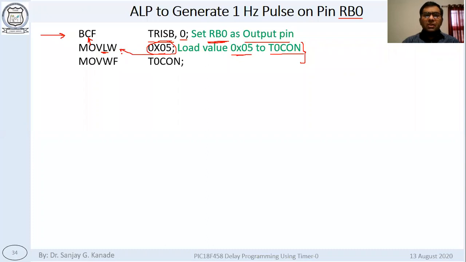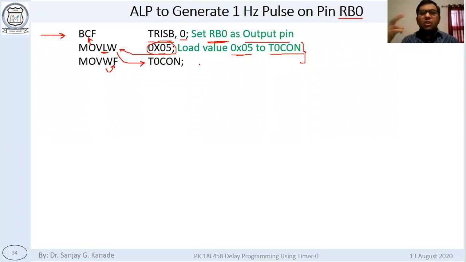When we say MOVLW, this is a literal 0x05. That 05 goes to W, and then in the next instruction we move W to F. Now F in this case is T0CON. This is how the value 05 goes to T0CON, right?